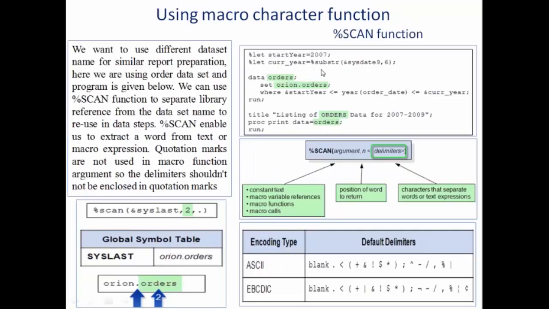Here the same example is given with substring, and with that we supply certain logical arguments and then simply proc print. In this program scan is not used, but one example of scan is given, and we will be using scan in the next slide.